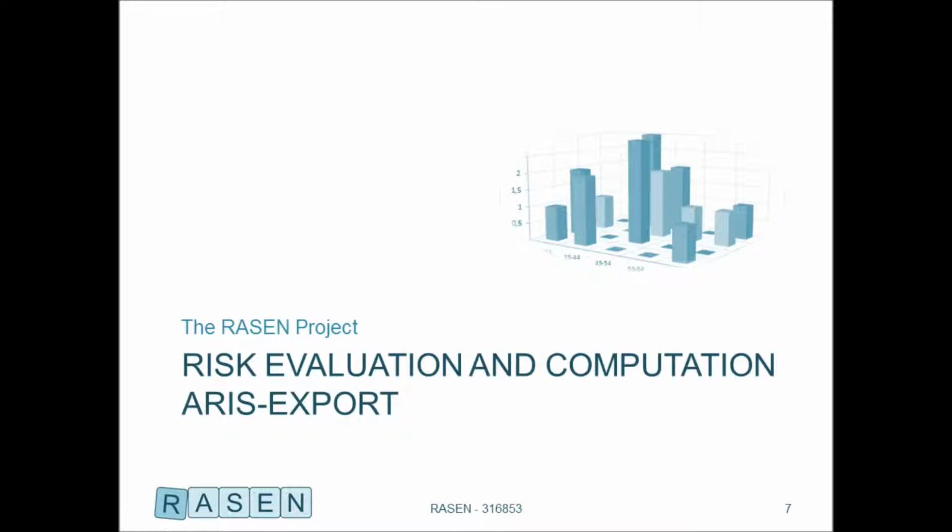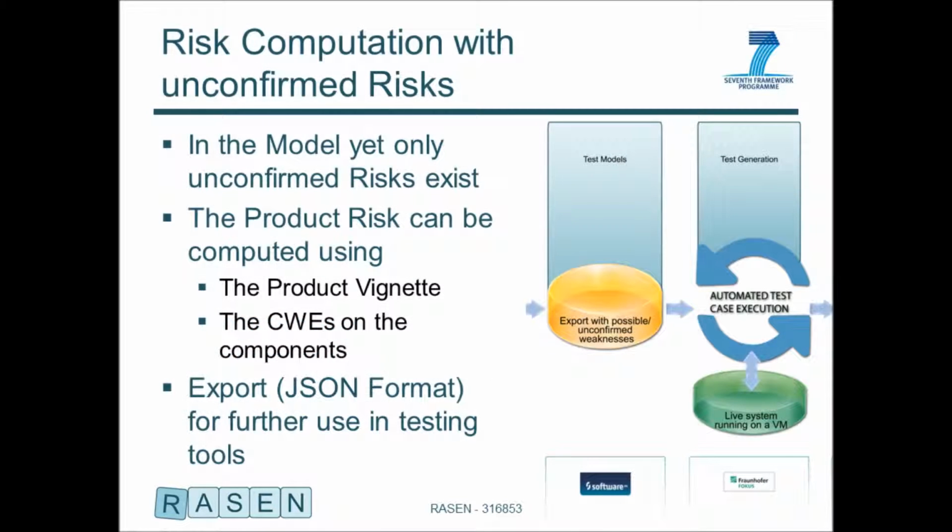Now starting from the model that we now have, we are now able to evaluate this model by doing an ARIS export, and this export can then further be used by testing tools. So up to the current point, we have the ARIS model, which yet only contains the unconfirmed risks. Based on this, we want to do the product risk computation using the product vignettes.